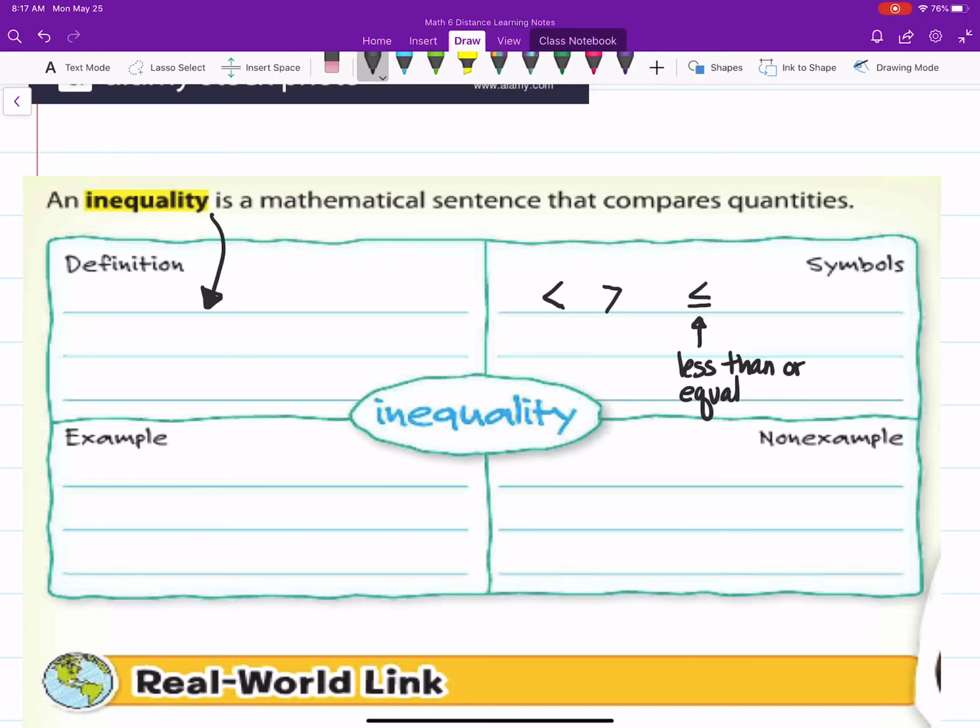And the same is true for the roller coaster. You have to be a minimum height of 42 inches. That means your height could be 42 inches, but it also means your height could be 72 inches or 48 inches or 49 1/4 inches. So there's so many solutions that your height could represent.